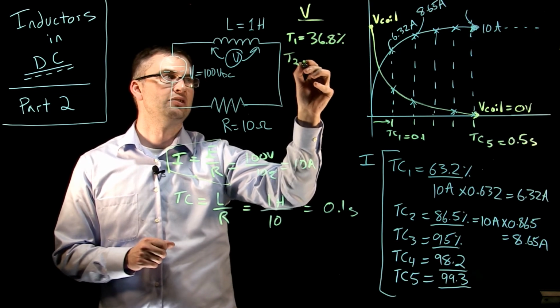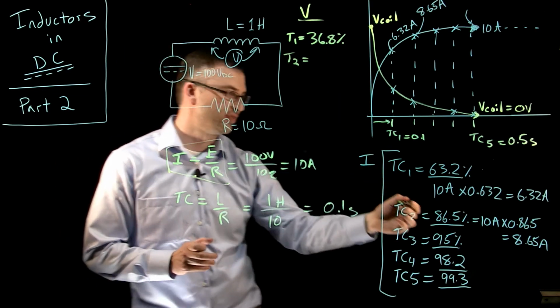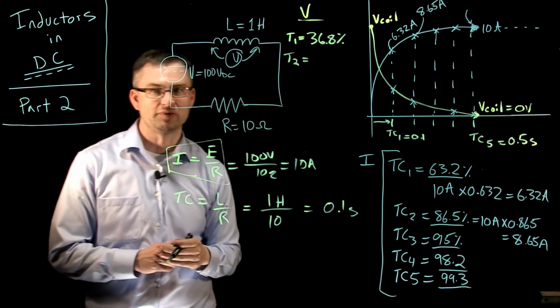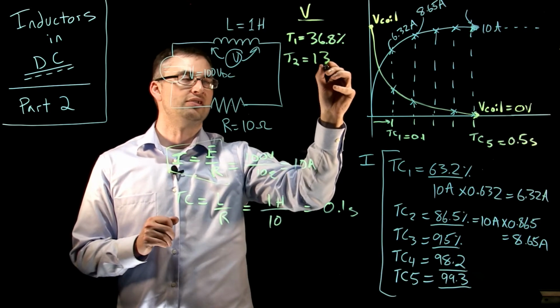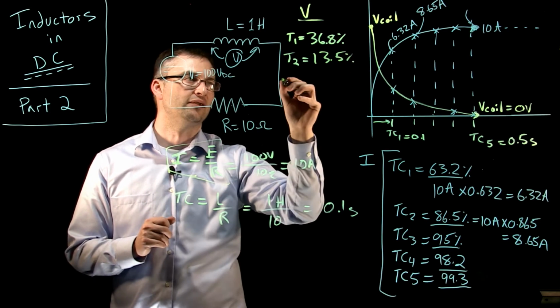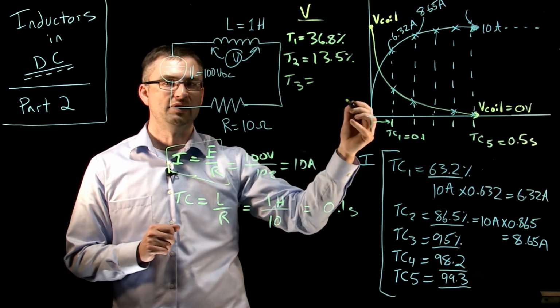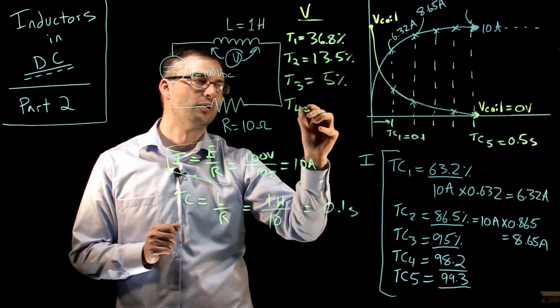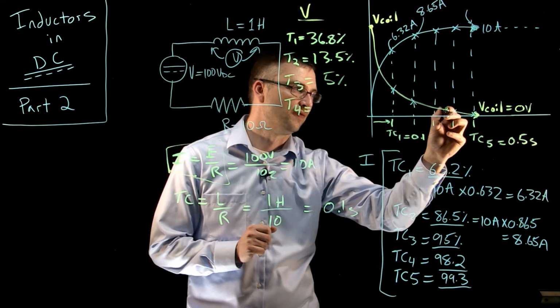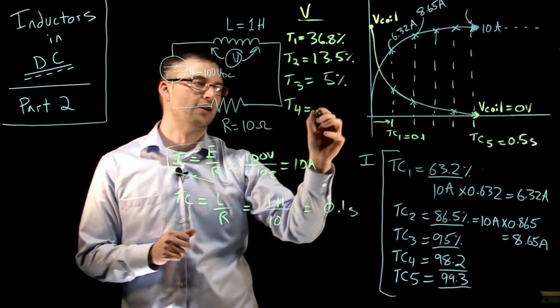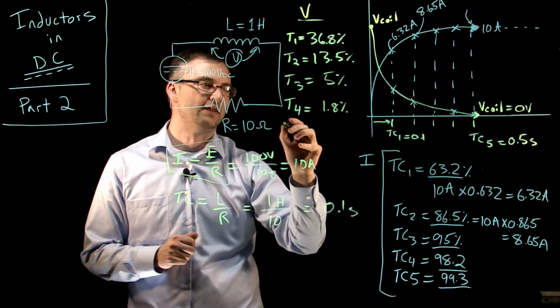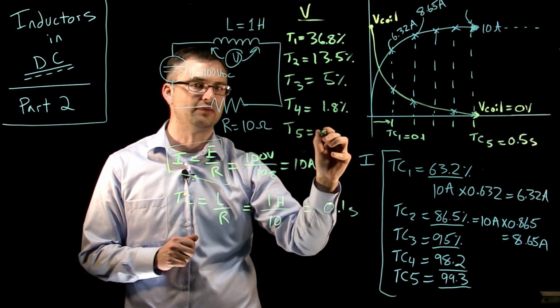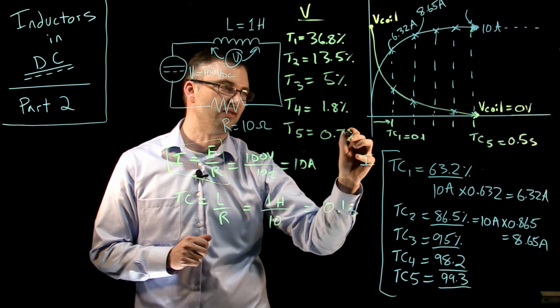Time constant 2 would be 100% minus 86.5%, and we would be left with 13.5% of the voltage. Time constant 3 would be the same process. We'd be left with 5% of the voltage. Time constant 4, as the voltage is dropping even further, we're going to be left with only 1.8%. And then at time constant 5, we're going to be left with about 0.7%.